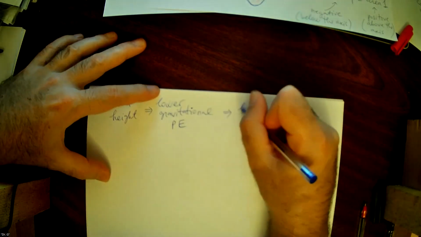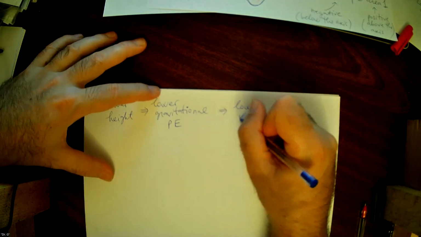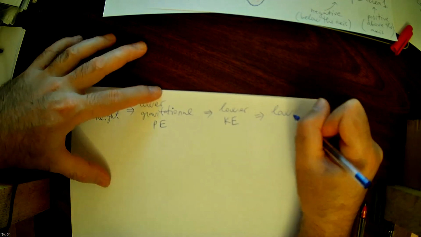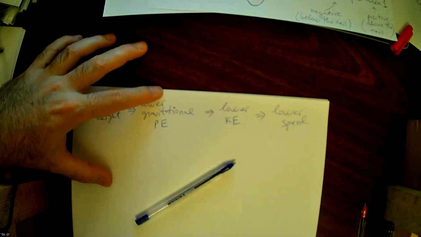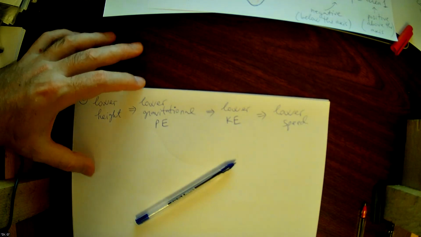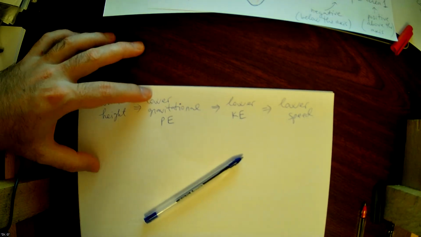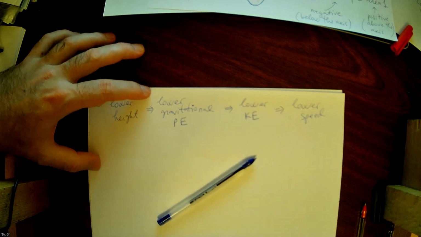That means lower kinetic energy. That means lower speed. And for this statement, you get one mark point. Magnet moves slower.